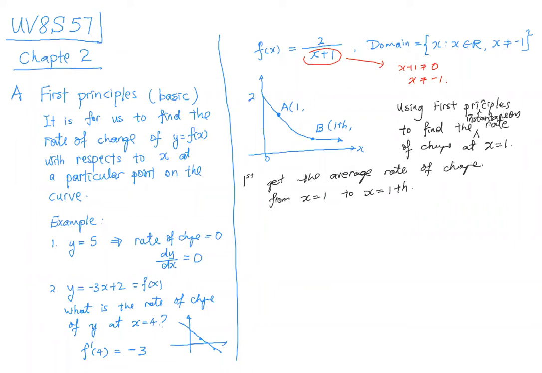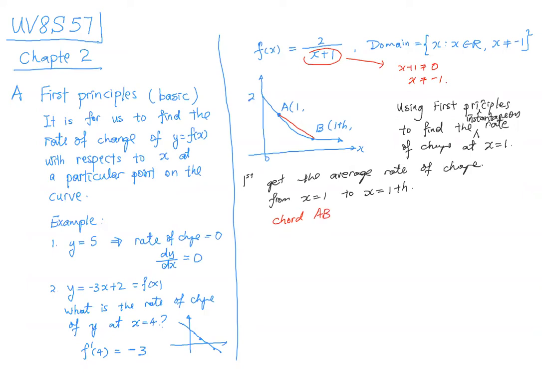So how to find the average rate of change? We are going to join A and B with a straight line, the one in red. That straight line, we call it the chord AB.